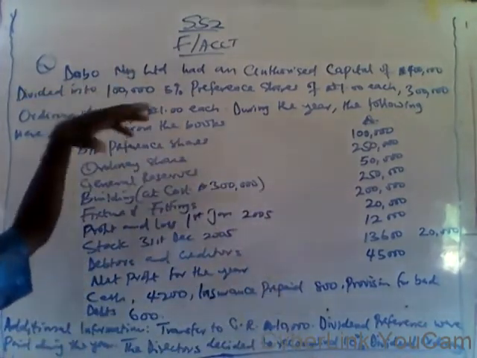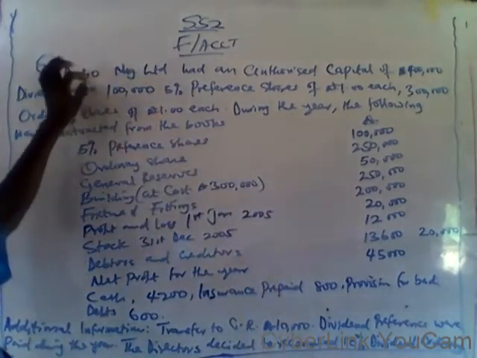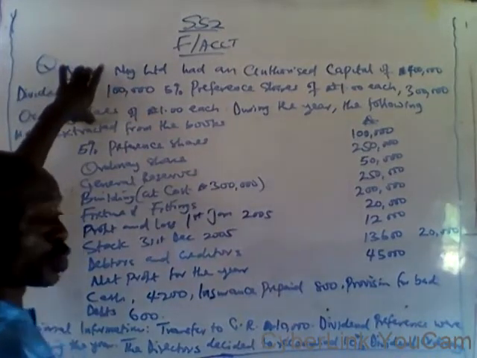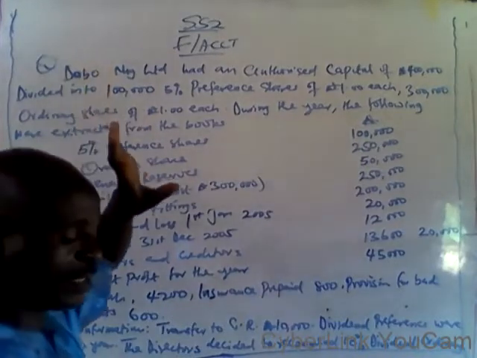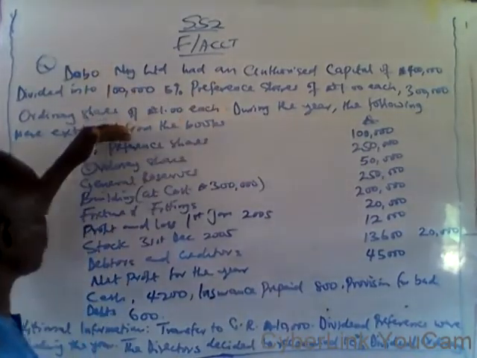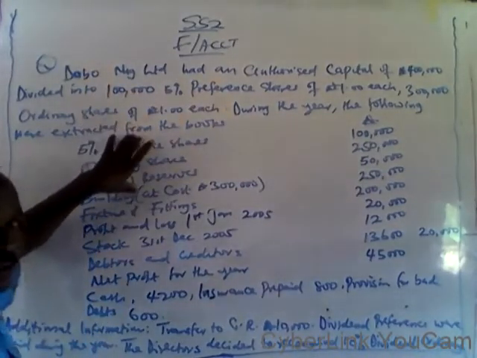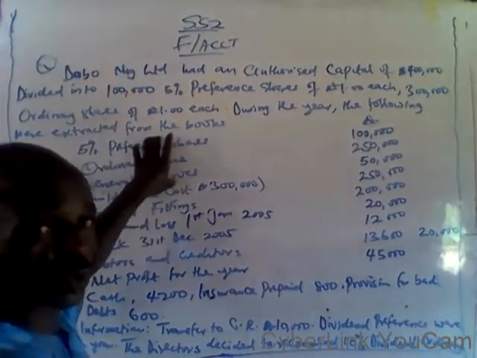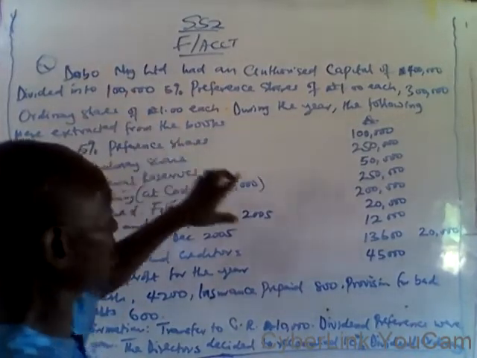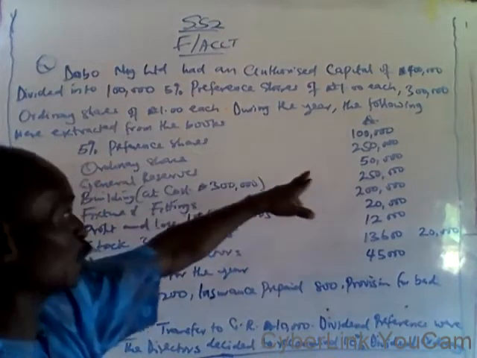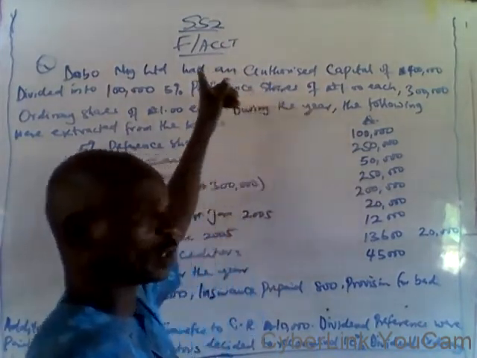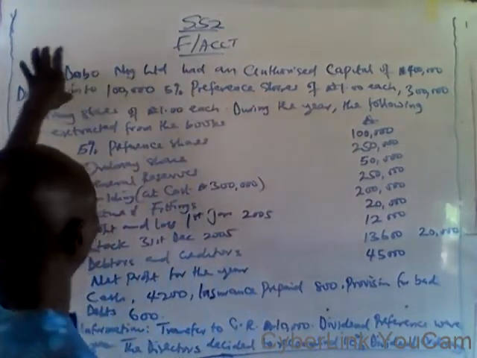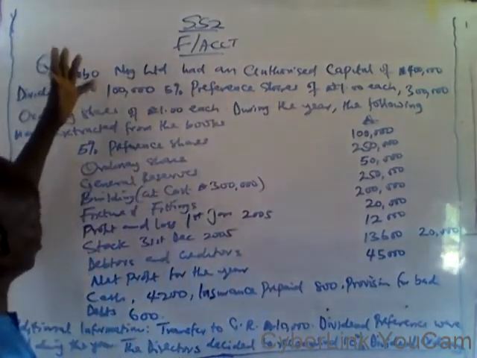Remember, we have two values for the shares. The value given in the introduction of the question is referred to as the authorized share capital, while the one under the main body of the question represents the issued share capital. Here, to calculate the dividend, you consider the value of the issued capital, not the authorized share capital.